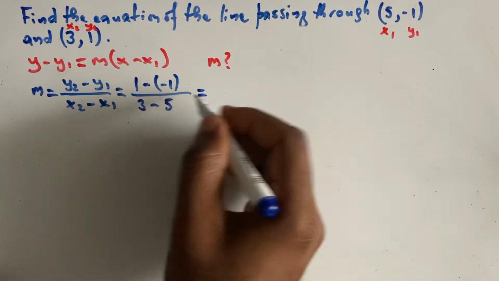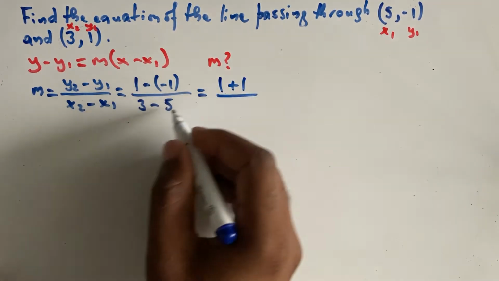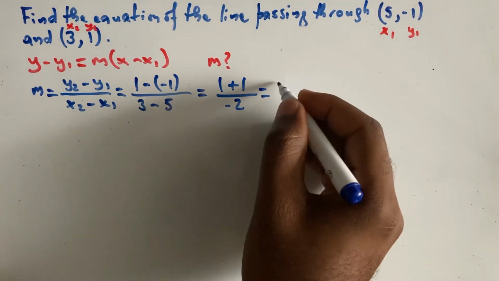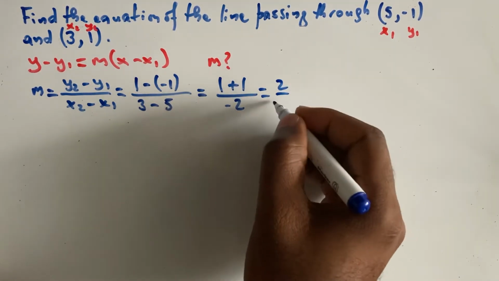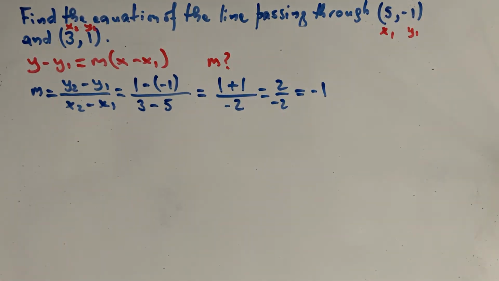So 1 plus 1 on top over 3 minus 5 is negative 2. So positive 2 over negative 2 is negative 1. So this is the slope.